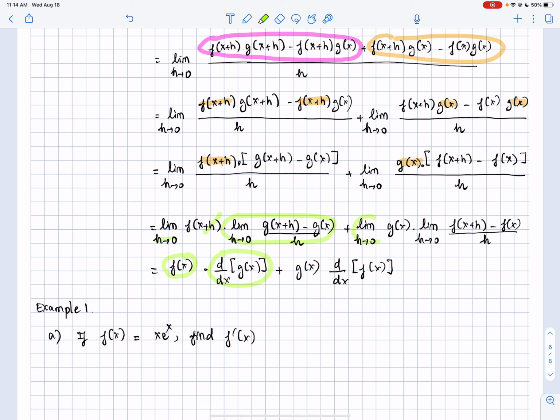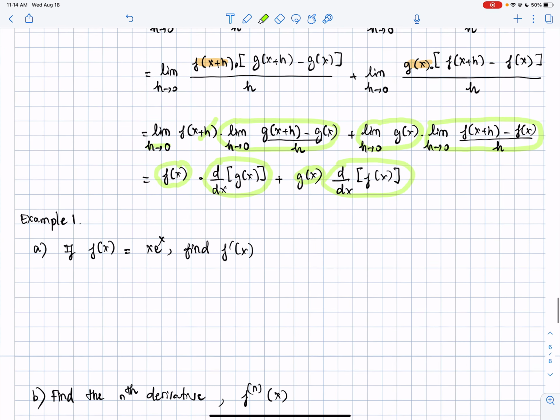For the limit of g of x as h approaches 0, there's no h in here, so g of x is like a constant, so it's equal to g of x. And the limit of f of x plus h minus f of x, divided by h, as h approaches 0, by definition is the first derivative of f of x.